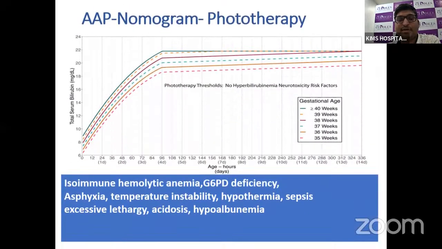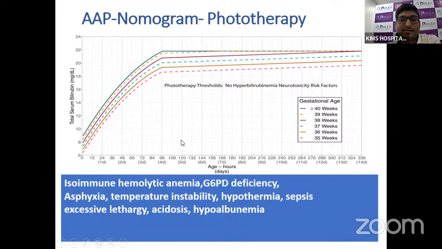Here we again look at day 5 of age. The phototherapy threshold at 40 weeks for 5 days of life is 21 milligram per deciliter. Here the child has 19.8, so this child is just below the phototherapy threshold.